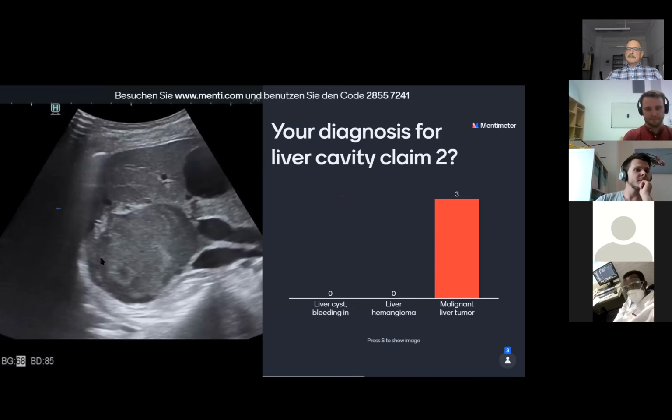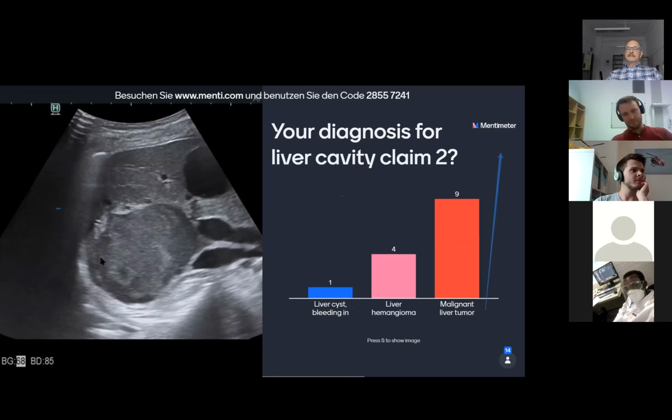So 1 is for malignant liver tumor, 3, 5. 1 liver hemangioma, 2. So most of you are for a malignant liver tumor. 1 is also for a liver cyst, but which is bled into.